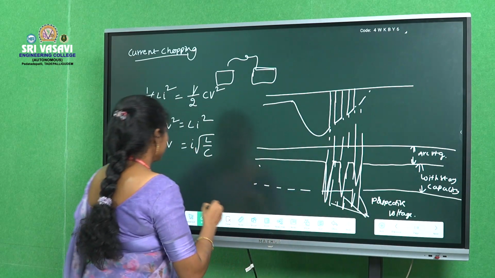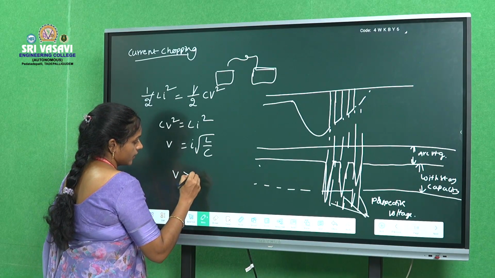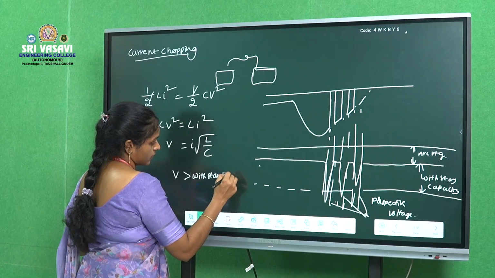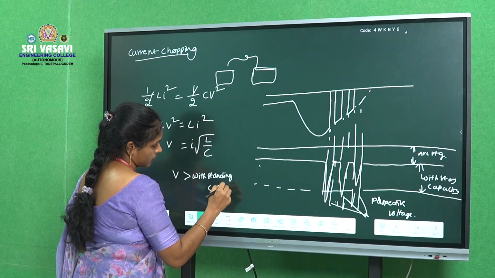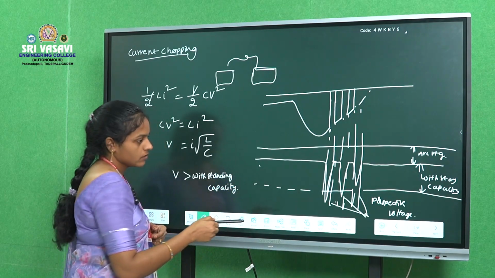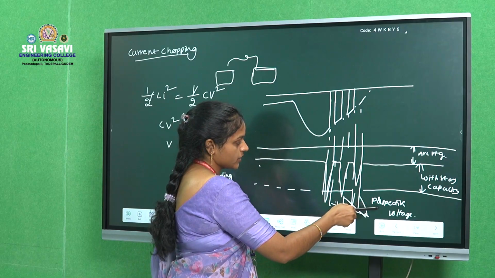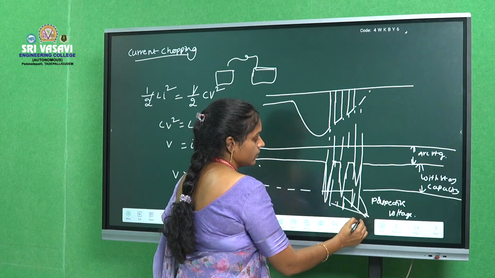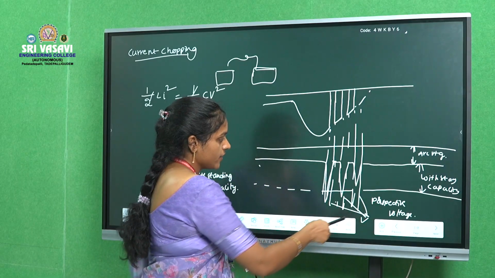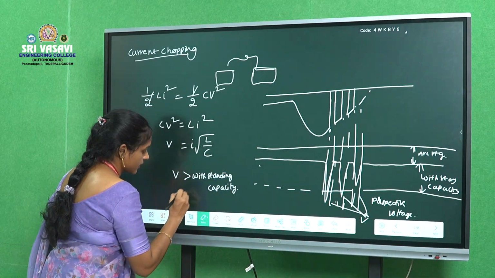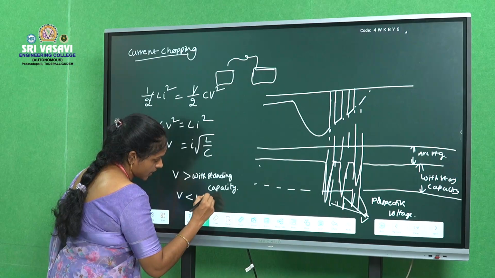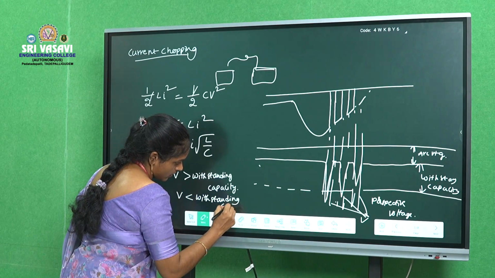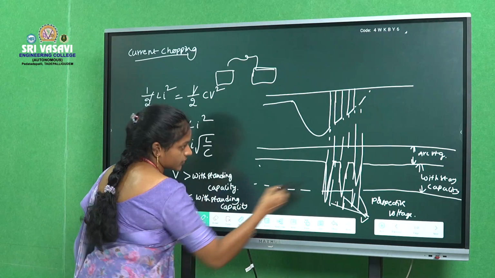Whenever V is greater than the withstanding capacity, the arc doesn't extinguish. Whenever these prospective voltages appear over the withstanding capacity, the arc doesn't extinguish. Whenever these prospective values are less than the withstanding capacity, the arc will be extinguished like this.